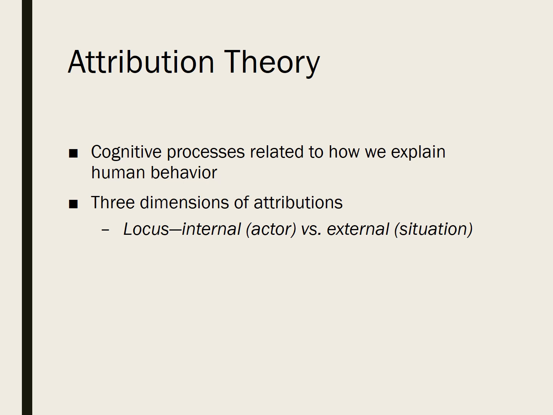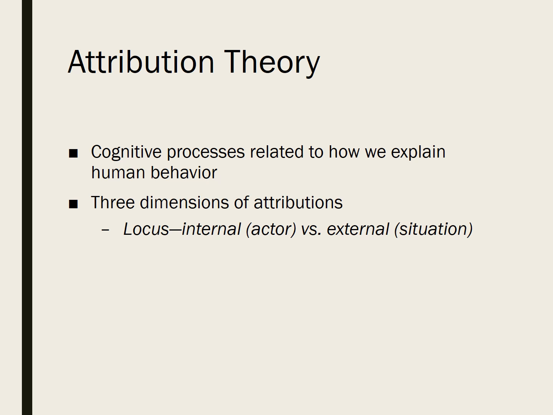One is locus, and that is, is the source internal, that is, coming from within the actor him or herself, or is it something that's really attributed to the situation, thus external? So if you tell me you missed class because you slept late, and you just didn't wake up in time, that would be an internal attribution related to you.